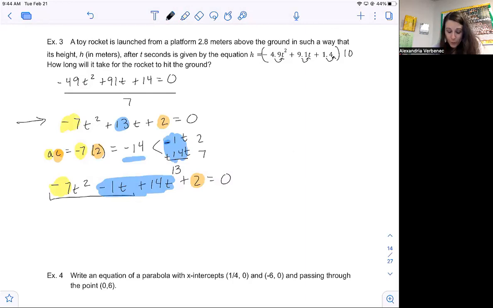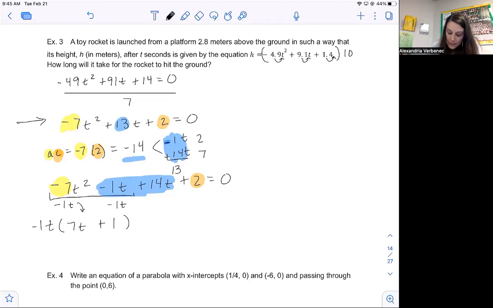I'm going to factor by grouping. And when I factor by grouping, I'm looking for the greatest common factor between negative 7t squared minus 1t. I know that they both have variables in common, so my GCF in front of my parentheses is definitely going to have the variable. I also noticed that they both have negative signs, so I'm going to make it negative 1t. I'm going to divide both of these by negative 1t to get 7t plus 1.